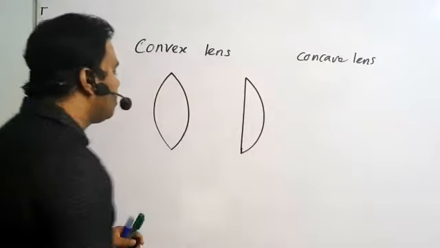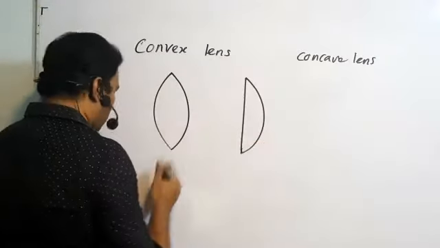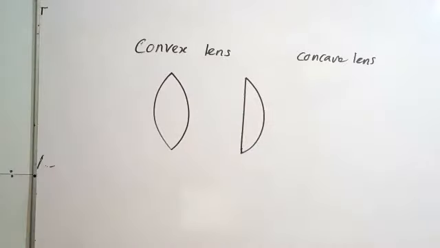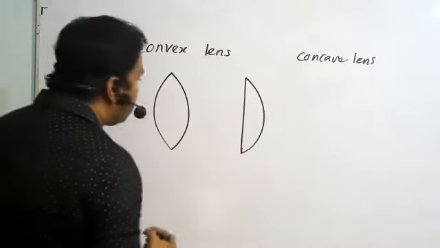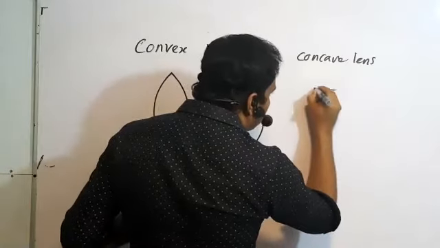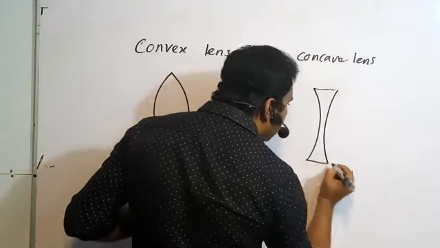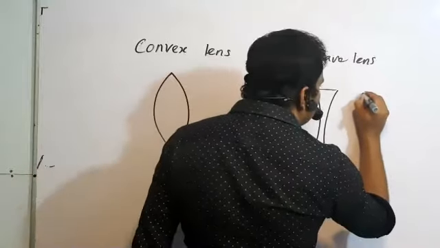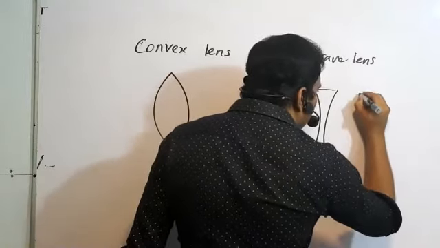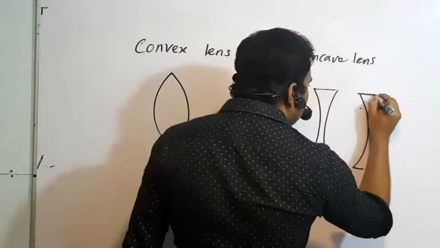Okay, so that's plano-convex. And sometimes in concave lenses, you can observe these types, biconcave as well as only one side is concave.